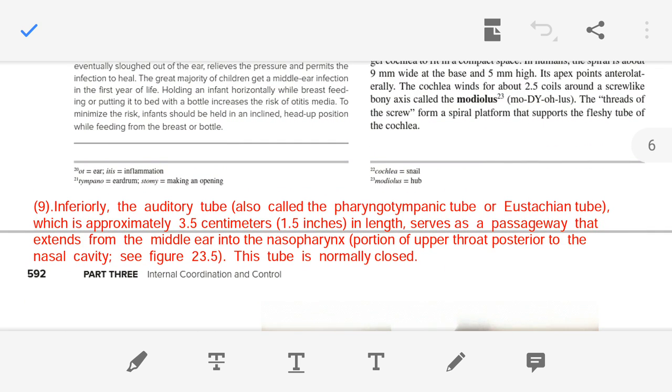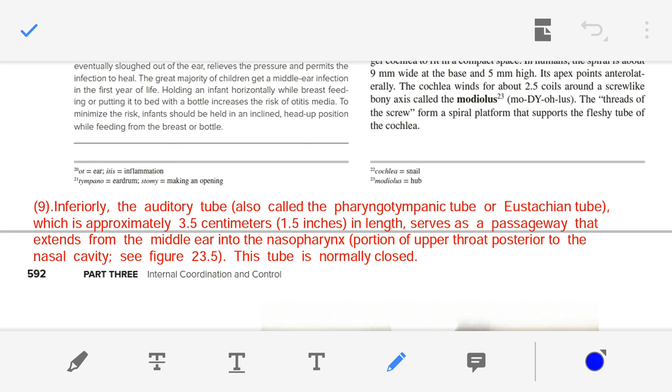Now the length of the auditory tube is approximately 3.5 centimeters, that is 1.5 inches. What role is this auditory tube playing? The auditory tube serves as a passageway, and this tube extends from the middle ear to the nasopharynx.